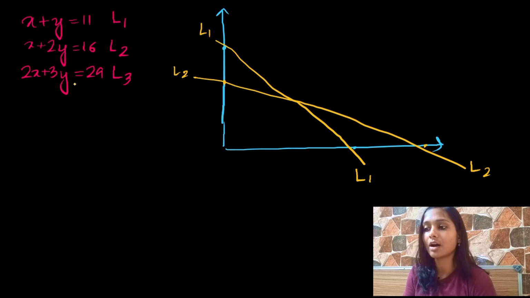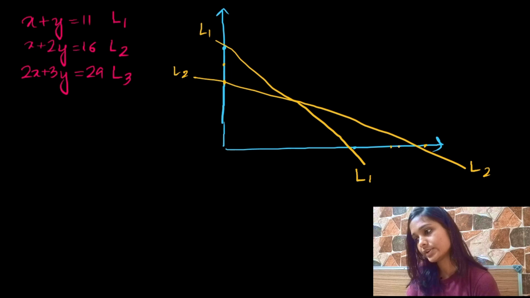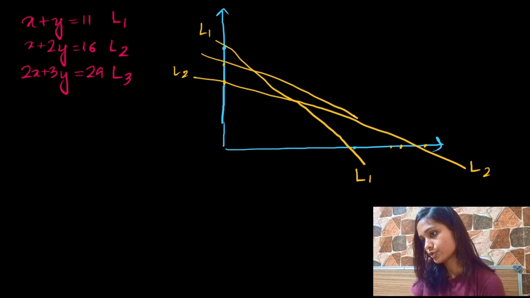That will be 9 point something, as 27 by 3 will be 9. So this one is 8, this one is 11. Suppose this one is 14, so somewhere here.